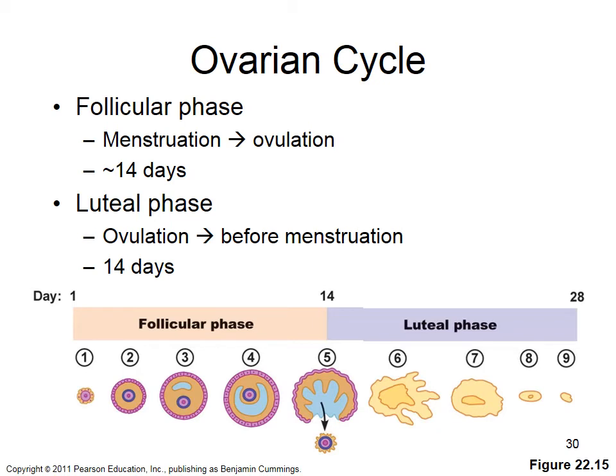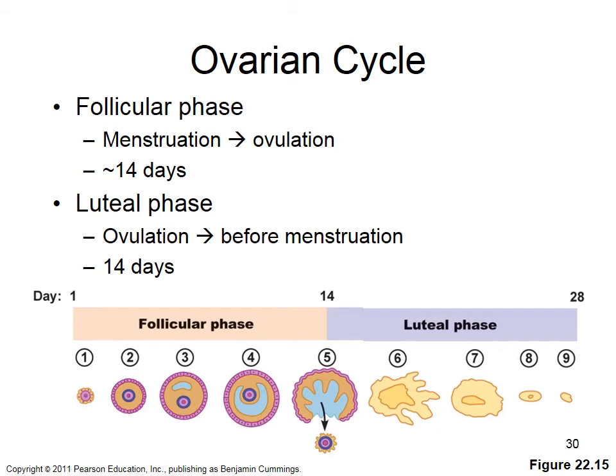The luteal phase lasts another 14 days, meaning that the menstrual cycle on average is 28 days in humans. The follicular phase is menstruation to ovulation. Ovulation marks the separation between the follicular phase and the luteal phase. Then the luteal phase is ovulation to right before menstruation.